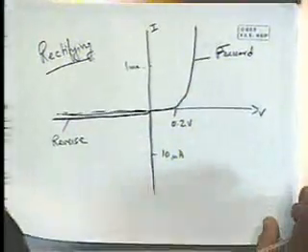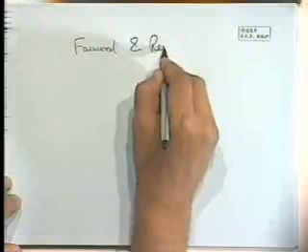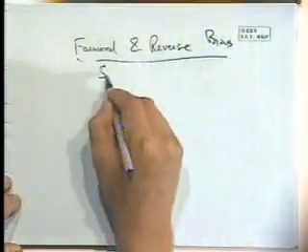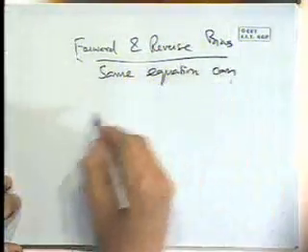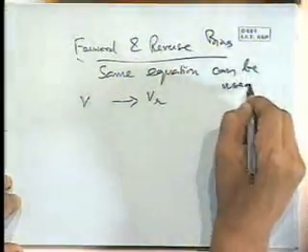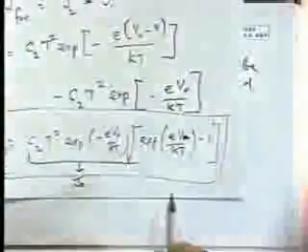Now, when we compare the different equations, it is possible to describe both forward and reverse bias with the same equation. As long as we substitute V by the reverse bias, we can use J is equal to J0 times exponential eV by kT minus 1.